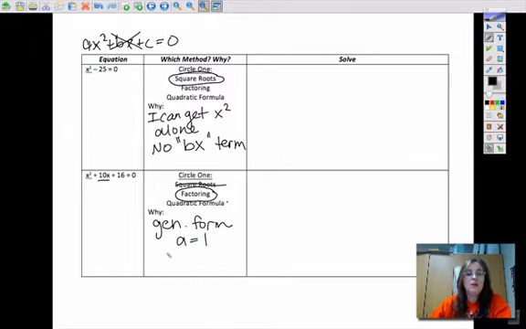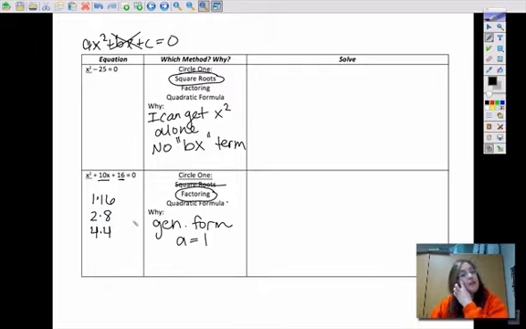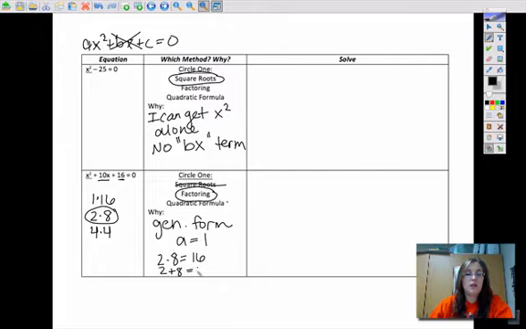Okay. I also want to think about how I can find the factors. So I'm going to start thinking about factors of 16. So you might write 1 times 16, 2 times 8, and 4 times 4, because those are all the things that equal 16. And then you're going to start looking for ones that add to 10. And I can see that 2 times 8 would be my factors because 2 times 8 equals 16, and 2 plus 8 equals 10.